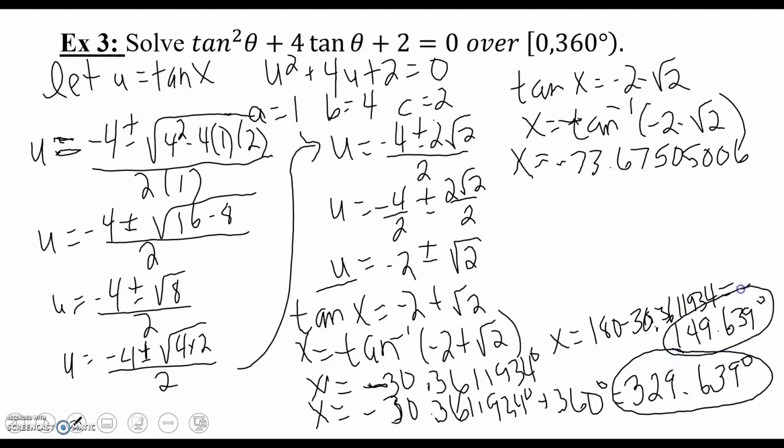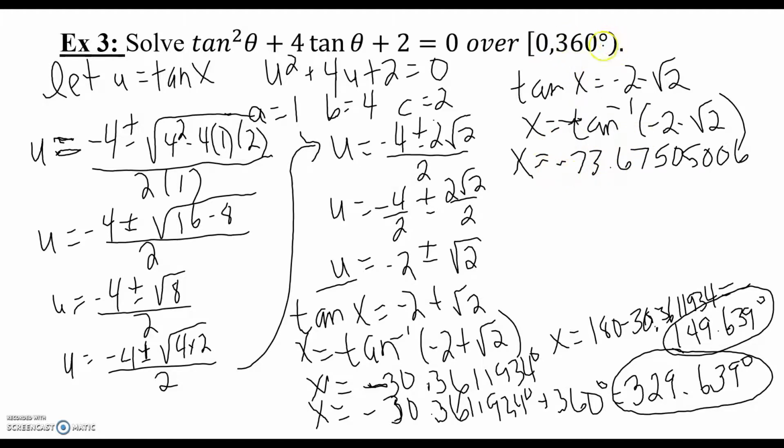And so that will be my second angle, 149.639 degrees. That's my second angle that comes from this value of tangent right here, negative 2 plus square root of 2.